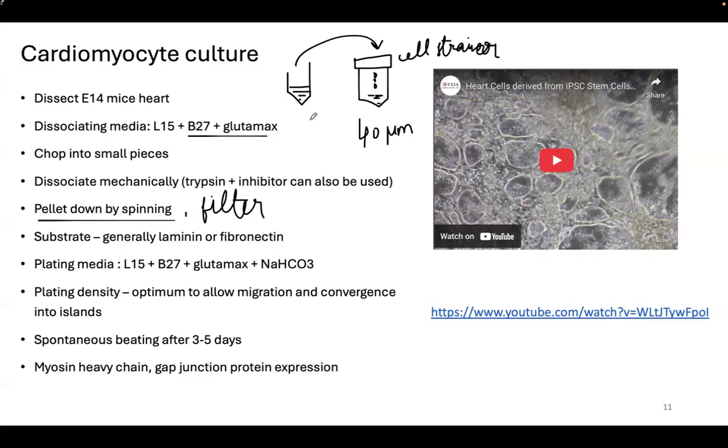So what's going to happen is, if you did not have perfectly single cells, but you think, okay, I don't want to dissociate anymore, otherwise I risk breaking down my actually good single cells. So if you have 100 cells to begin with, maybe you got 60% single cells and 40% were in chunks, clumps, they were not single cells.